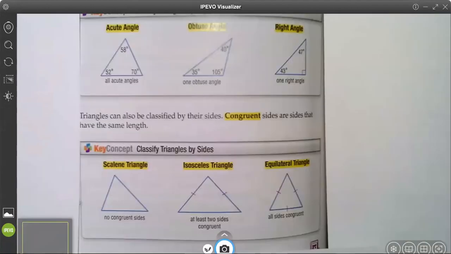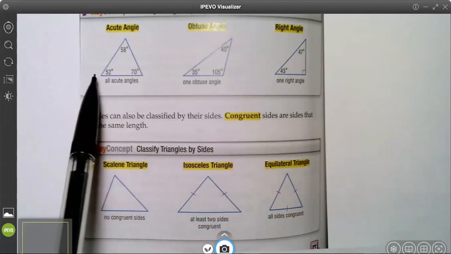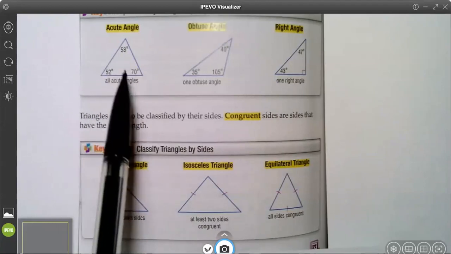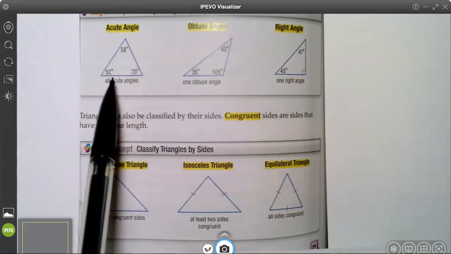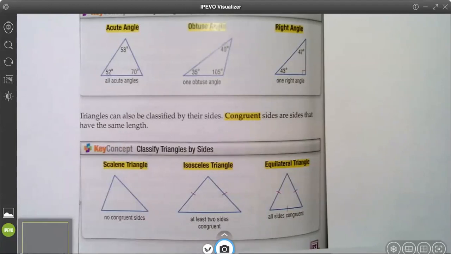We classify triangles two different ways, by their angles and also by their sides. When we're classifying by their angles, we have three choices. If all three angles are acute angles, meaning they're all three less than 90 degrees, then it is an acute triangle.